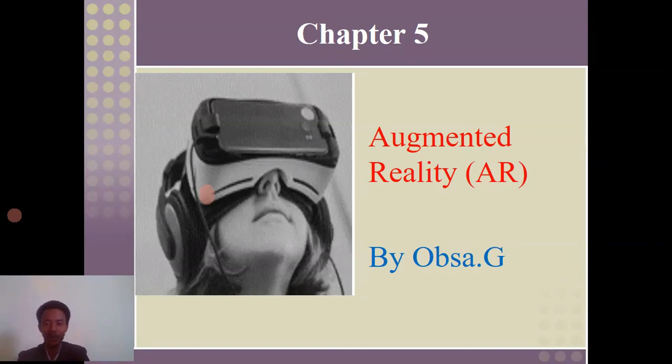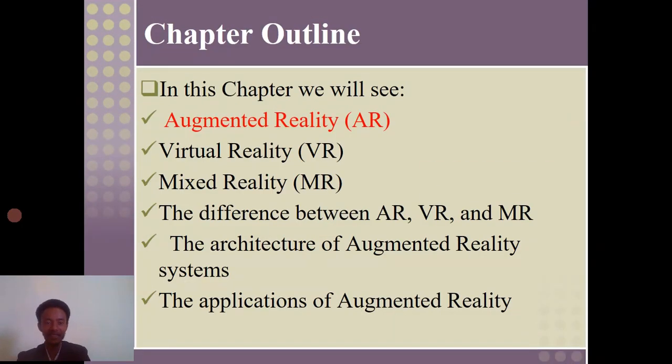Today we are going to start chapter 5 of Introduction to Emerging Technology, which is about augmented reality. In this lesson, we will touch on augmented reality, virtual reality, mixed reality, and also see the difference between augmented reality and mixed reality, the architecture of an augmented reality system, and finally, we will see the applications of augmented reality at the end of this chapter.